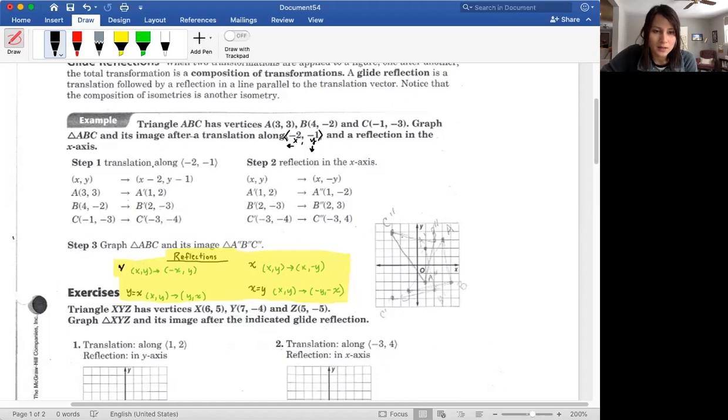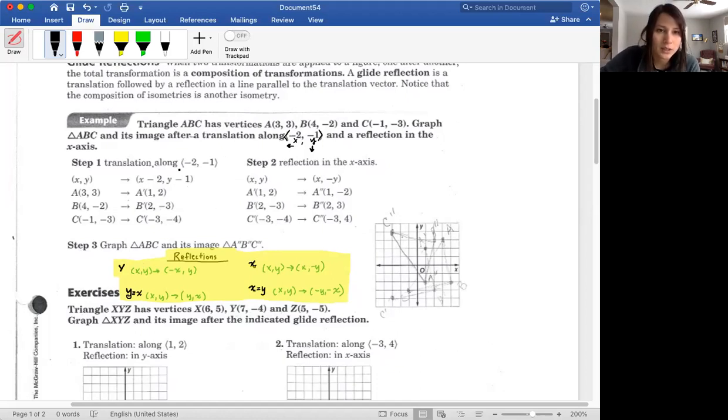The y and x, y equals x, and x equals y just tell where the line of reflection is: reflection over y, over x, over y equals x, and over x equals y. If it says the reflection is in the x-axis, then we're going to use this template right here. First we have to go through the translation.